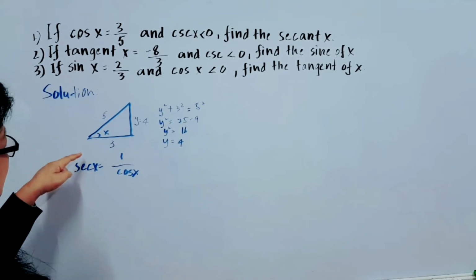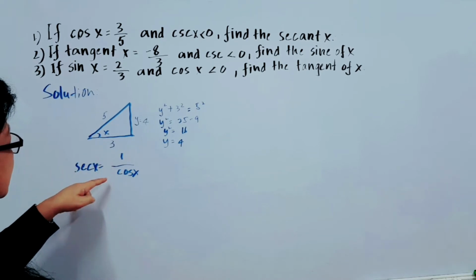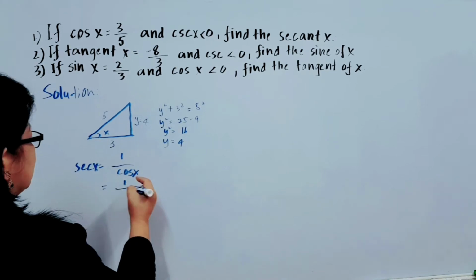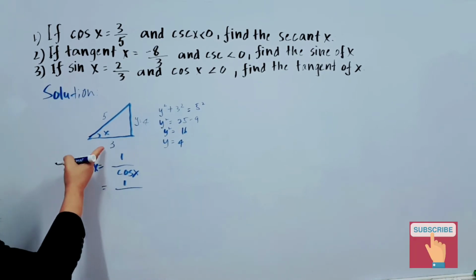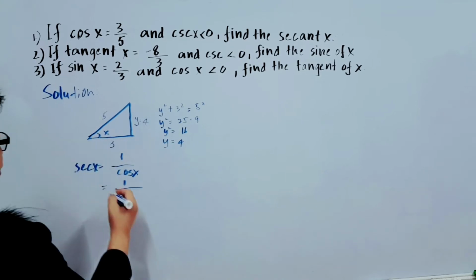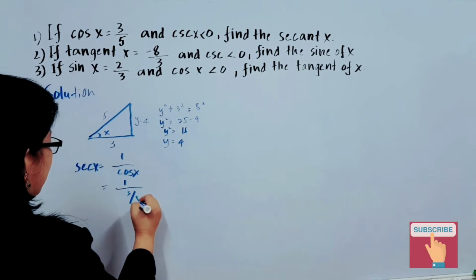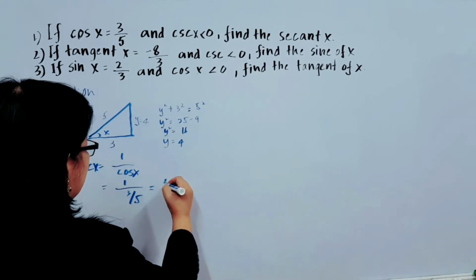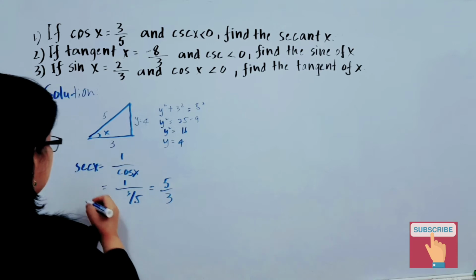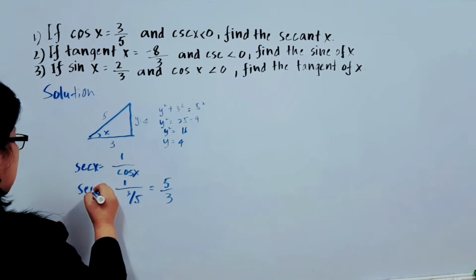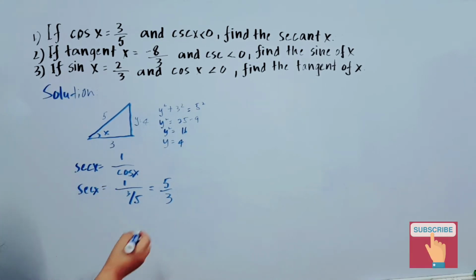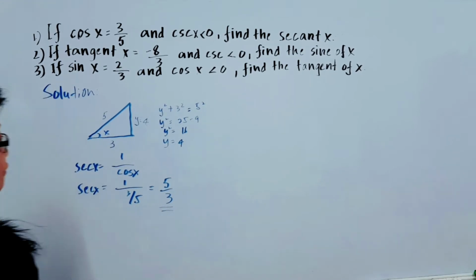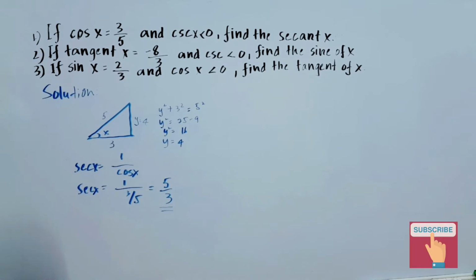Now, here, what is the cosine x? 1 over cosine x, which is equal to 5 over 3, since 3 over 5 put on the bottom becomes 5 over 3. So this is the answer for the secant x, which is equal to 5 over 3.